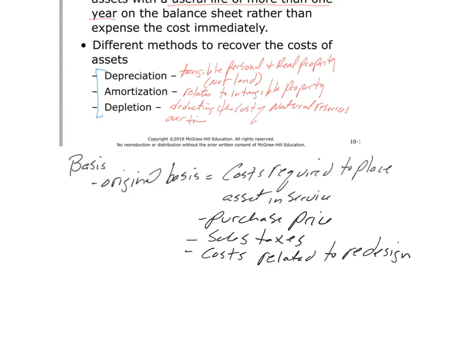All right, these are all potential items for the original basis. Now, adjusted basis, all right, is your initial basis minus accumulated depreciation.